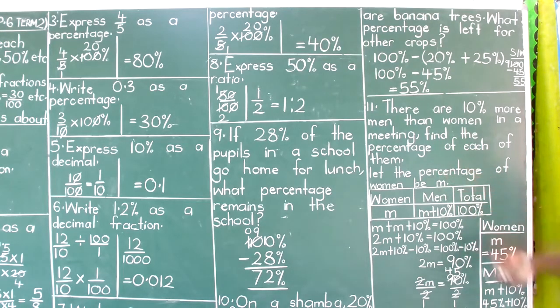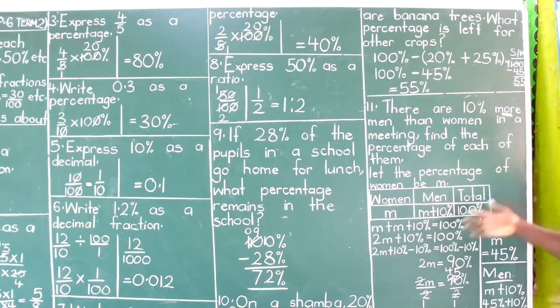Now, when you're given such a question, you must note that there is the word "more" here. 10% more men than women means no percentage is given for either. This is the percentage difference between the men's and the women's. So we look onto another topic called algebra, algebra in fractions.